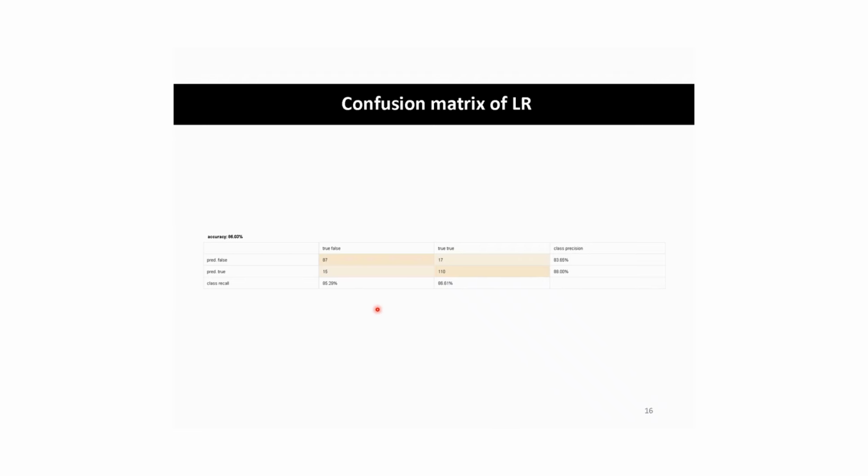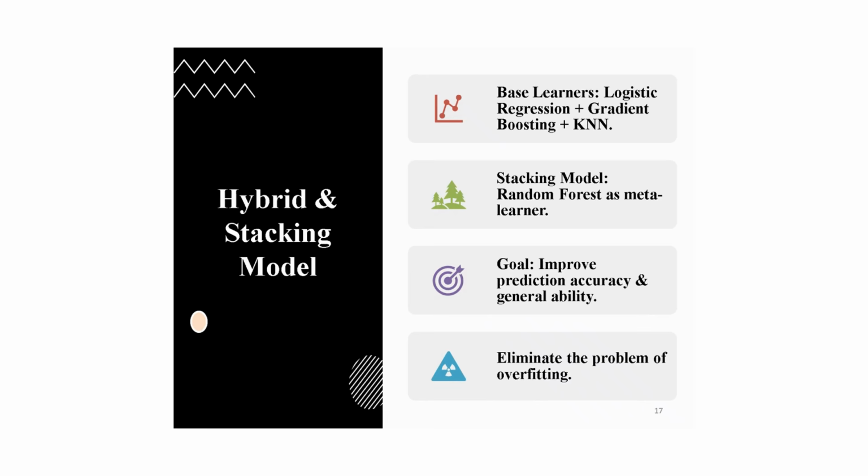This is the table for the confusion matrix, which is generated for the logistic regression machine learning model. This confusion matrix consists of true positive, true negative, false positive and false negative. Based on this confusion matrix, we also manually calculated precision, recall, F1 score and accuracy.